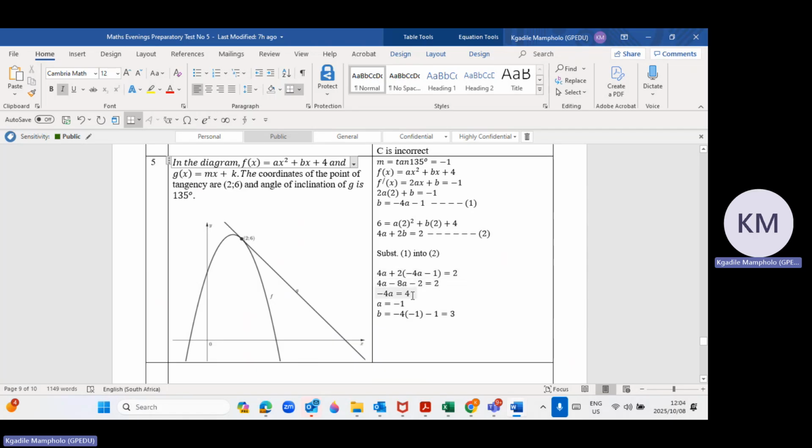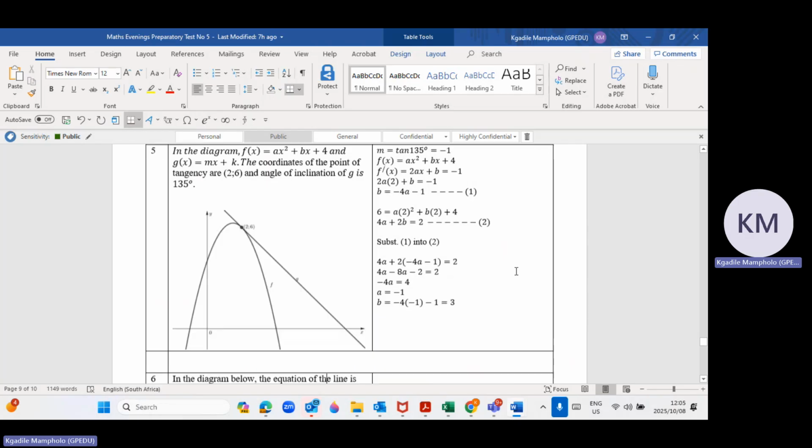Then our equation 2 will be 4a plus 2b equals 2. You can write it in simplest form as 2a plus b equals 1. Then 4a minus 8a minus 2 equals 2, minus 4a equals 4. Then a equals -1. To get b, you can just substitute a as -1 into one of the equations. Then you get the value of b, which is 3 in this case. Then a is -1.